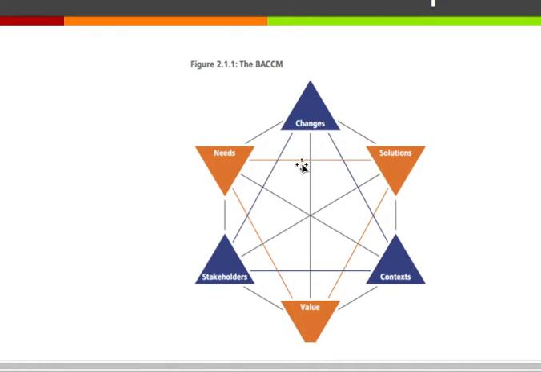If you see, the change is connected to the need, to the stakeholder, to the value, to the context, and also to the solution. In a similar way, all the other concepts are connected with each other. So it shows that they are all interconnected. This is how we address every knowledge area from different concepts.